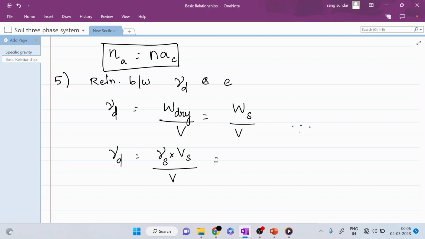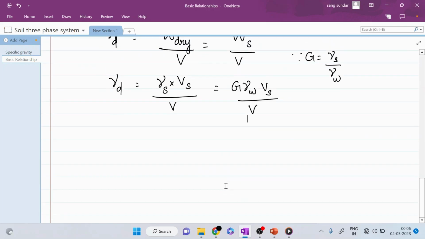Because G is equal to gamma S by gamma W. Hence, G gamma W into Vs divided by V. Also, I can write V as its components: G gamma W into Vs divided by Vv plus Vs.